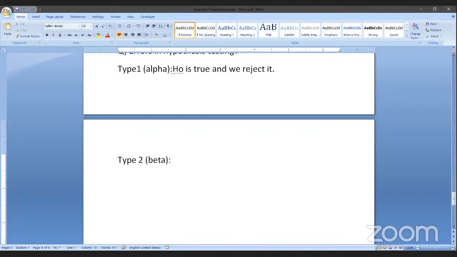And in type 2, when H0 is false, and we are accepting it, then this kind of type 2 error occurs.